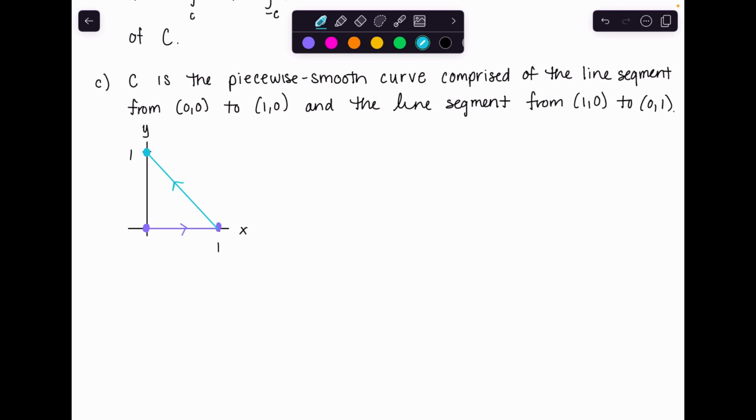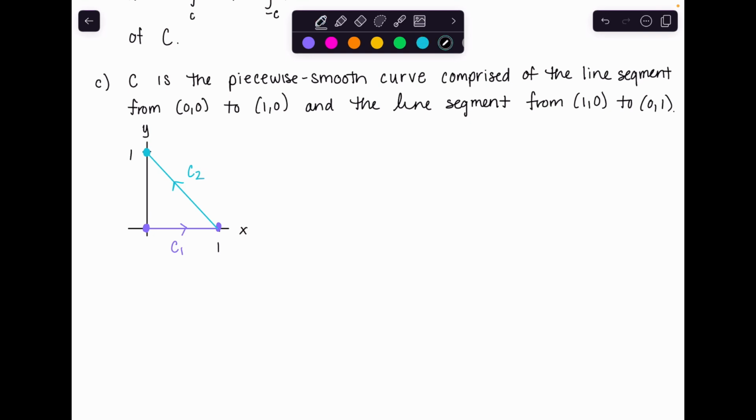So if I'm going along this curve, there's no way I can parametrize this with a single thing. Instead, I'm going to have to break it down into two pieces. So this bottom is C1, and this piece is C2. And thankfully, we've already done C2. Okay.